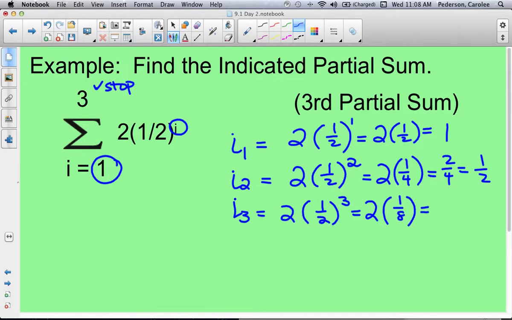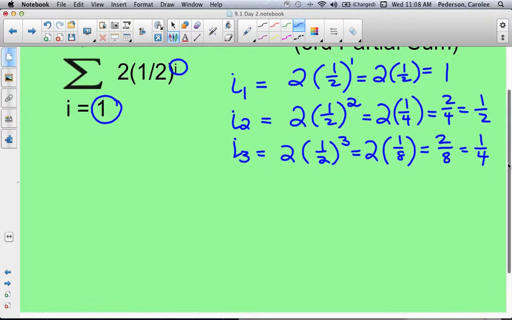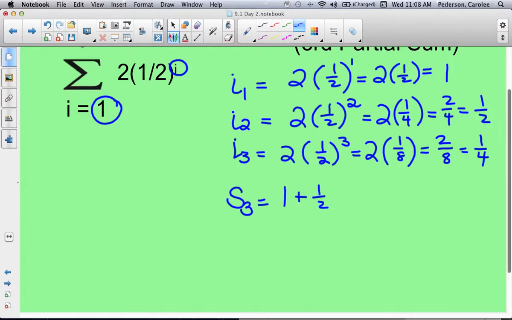Multiply across, 2 times 1 is 2 over 8, which is 1/4. And then what you do is you add up the sum of these terms. So the sum of 3 terms is 1 plus 1/2 plus 1/4, and we get 1 and 3/4.